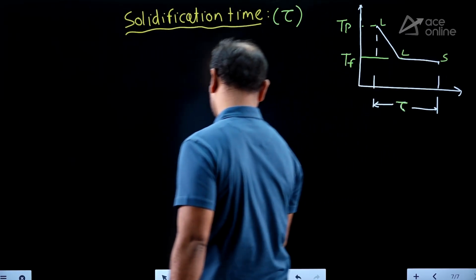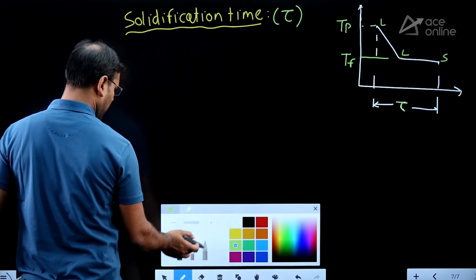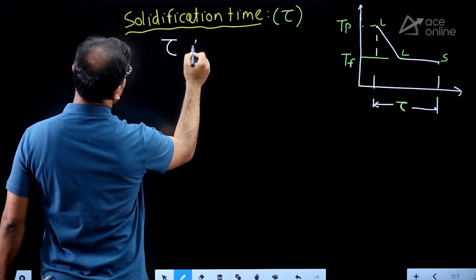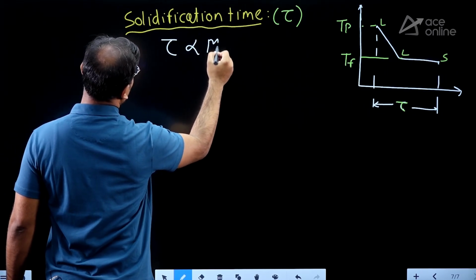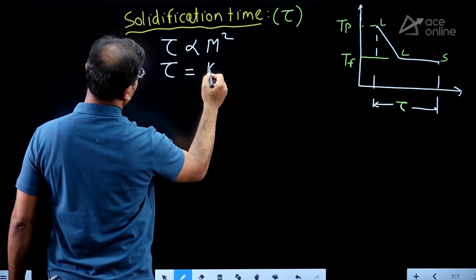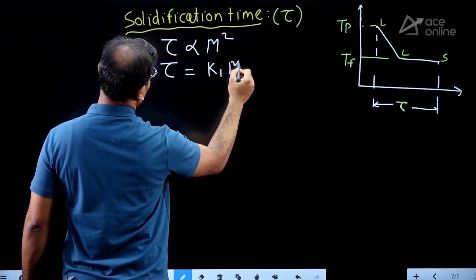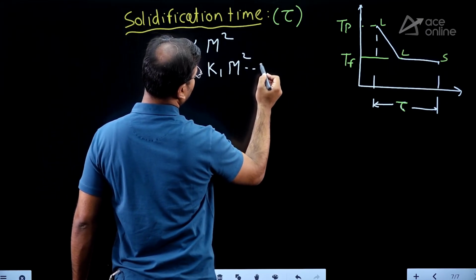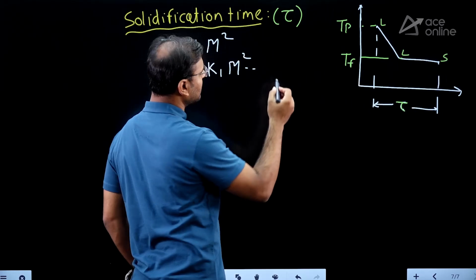Now for the solidification time you can see the formula here. Tau is directly proportional to the modulus square, so tau is equal to K1 into M square, and this is known as Chvorinov's equation or Chvorinov's rule.